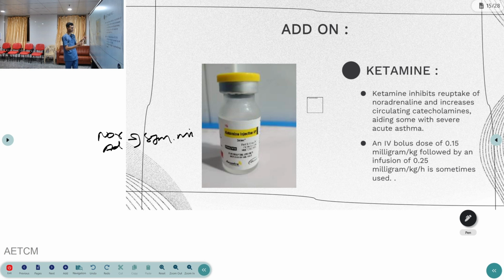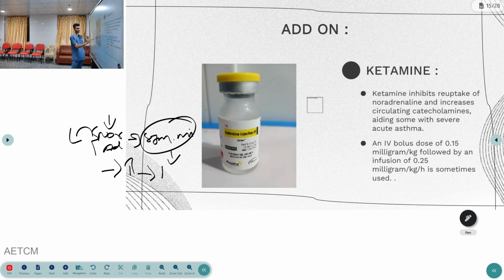That is the main action of sympathomimetics. So if you give ketamine, it will inhibit the reabsorption of noradrenaline, thereby the circulating noradrenaline level will increase, increasing the sympathomimetic activity and thereby the bronchodilation. That is the main thing.